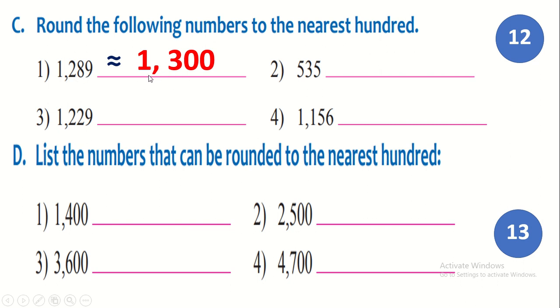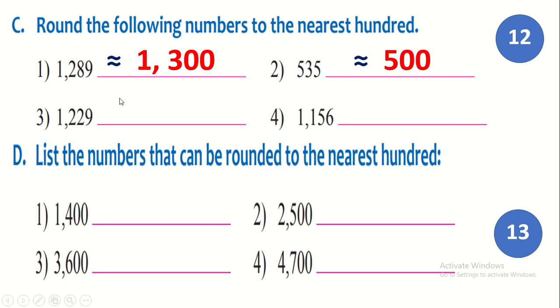Your answer is 1300. For number 2, you have 535. Rounding to the nearest 100, the number next to 5 is 3, so you don't change the number. The answer is 500. Correct, students?